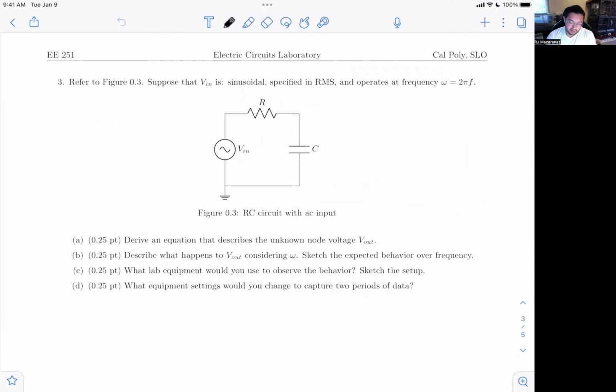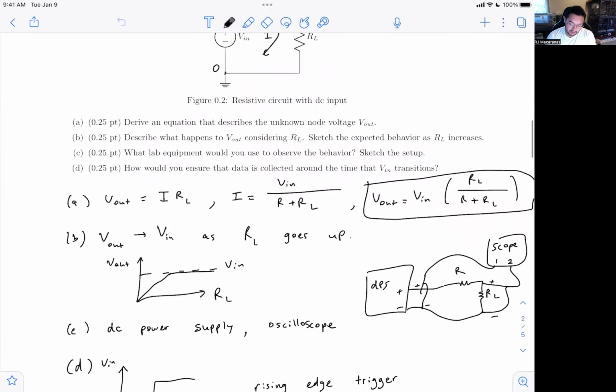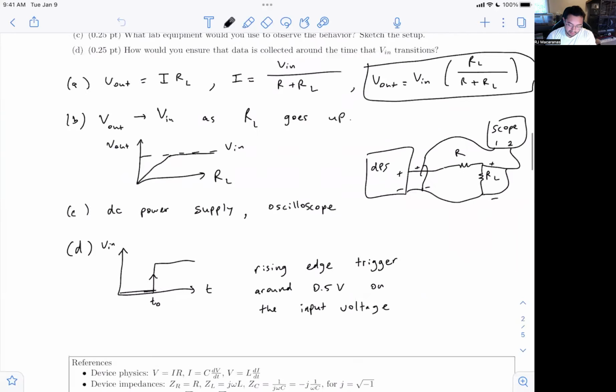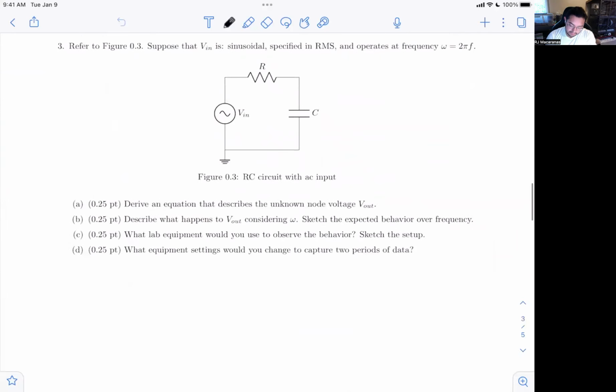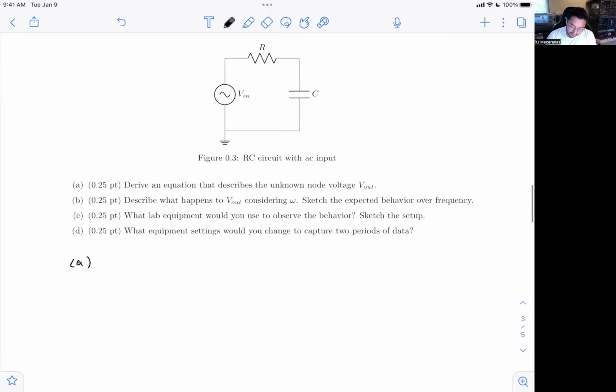So for number 3, right, we made the transition from a constant voltage source to a sinusoidal source. And so just taking a look at part A, trying to figure out an equation to describe the unknown net voltage. And I'll do it the long way first. So we have some current going. So this is our unknown node voltage here, V out.